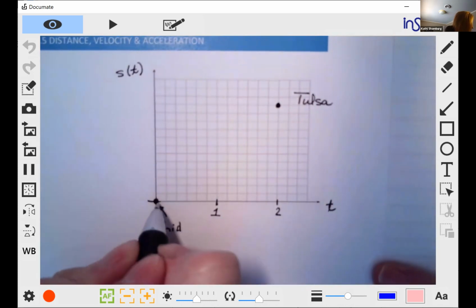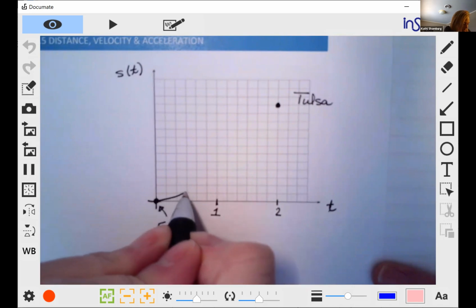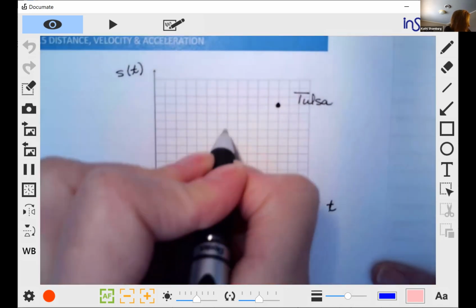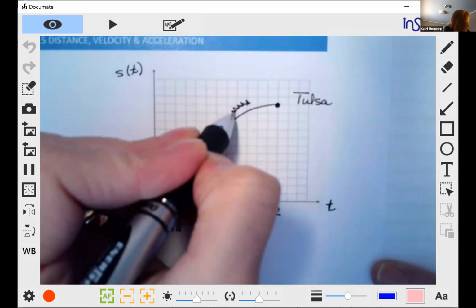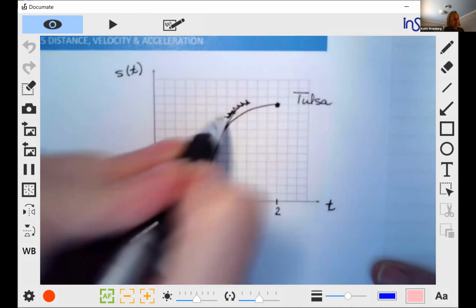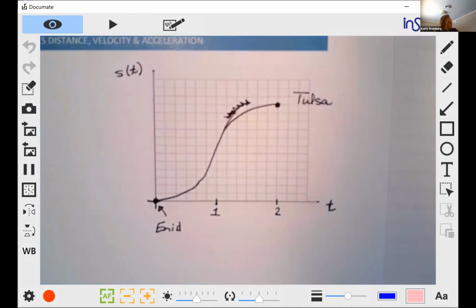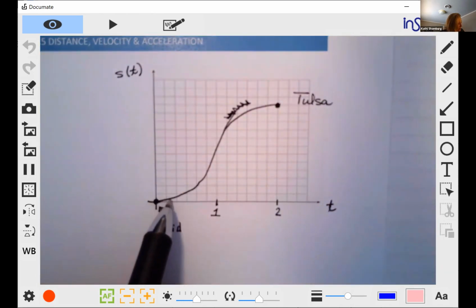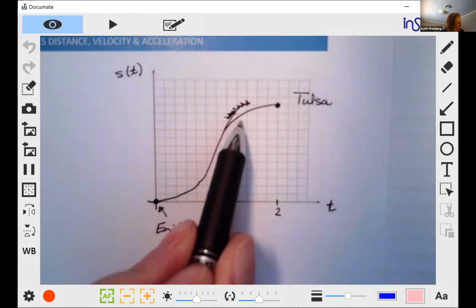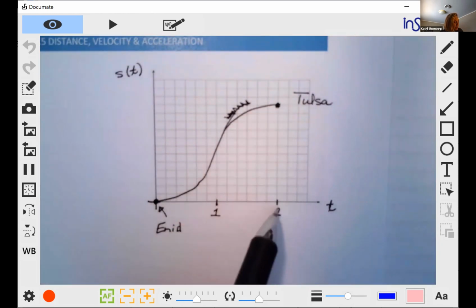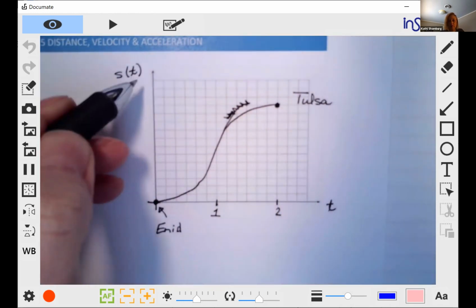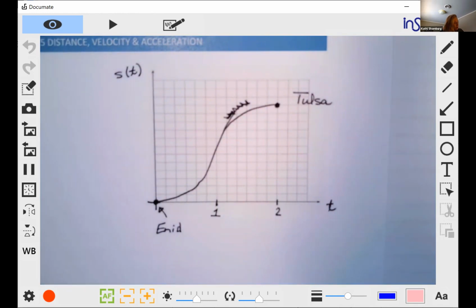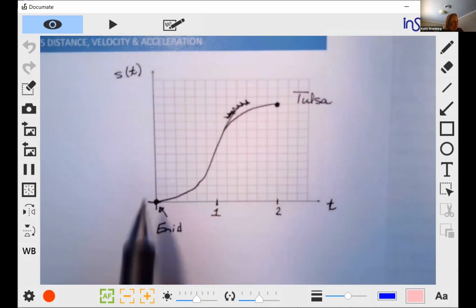So if I leave my house, I'm driving through town, I hit the interstate, and then I'm driving into Tulsa, and I get to my destination in about 2 hours, and this would tell you the distance that you drive. All right, so that's what we're looking at as far as input and output.